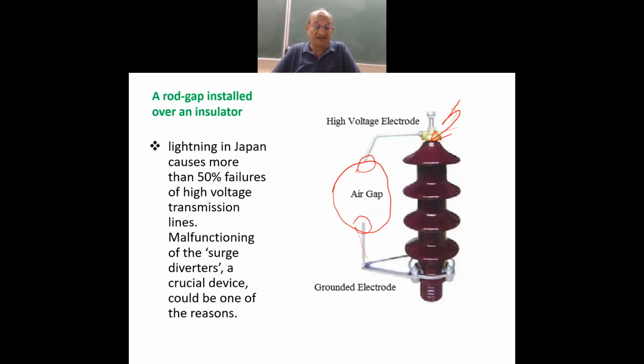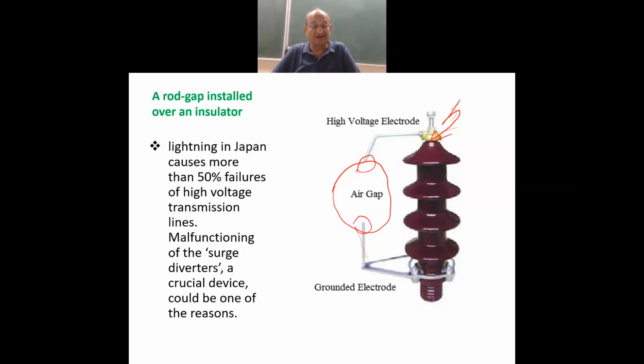We have learned about surge diverters or lightning arrestors. Malfunctioning of the surge diverters, a crucial device, could be one of the reasons also. Along with the horn gap, the more sophisticated, more proven gadget used for protection of the transmission network is the surge diverter.